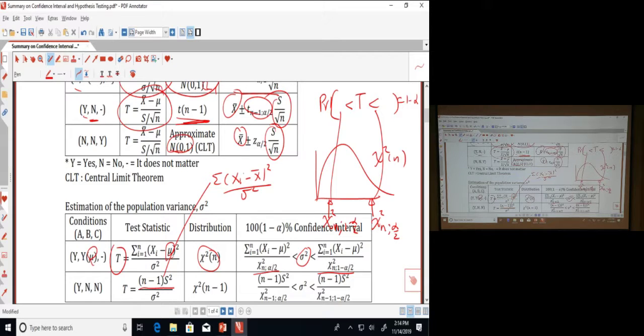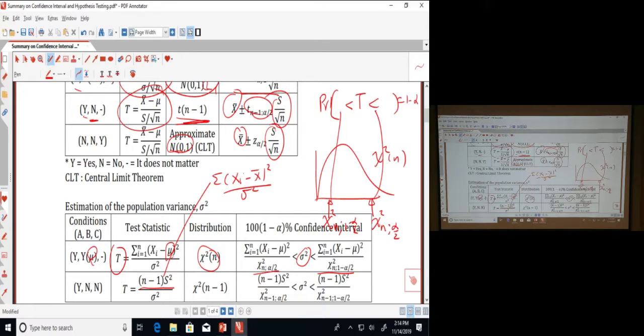Why do I have to divide by sigma square? Because, first of all, that quantity we know follows a chi-square distribution. The summation of xi minus mu squared does not follow a chi-square distribution. You have to divide by sigma squared. All right.